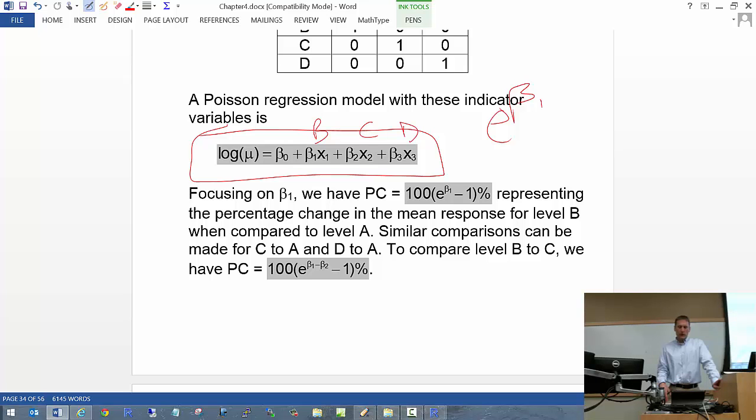If I wanted to compare, let's say, level B to C, then I can use e to the beta 1 minus beta 2. Again, you're just taking the ratio of two means. Maybe I don't need to go over that, but we have a section in our book on it, so that's why I decided to bring it up again.